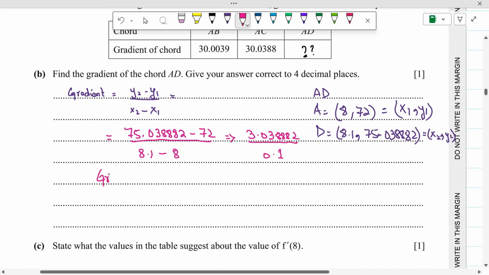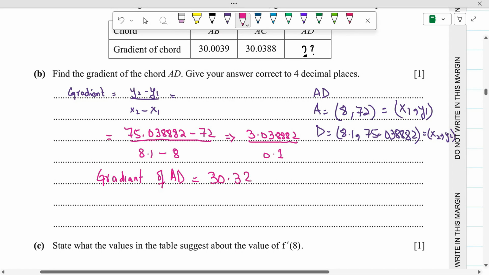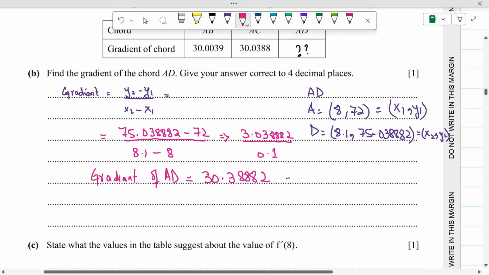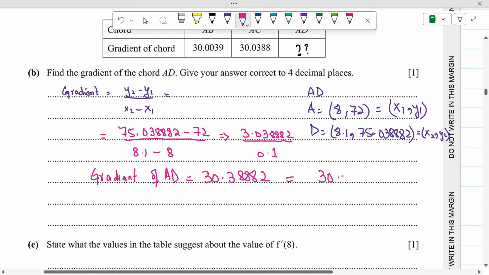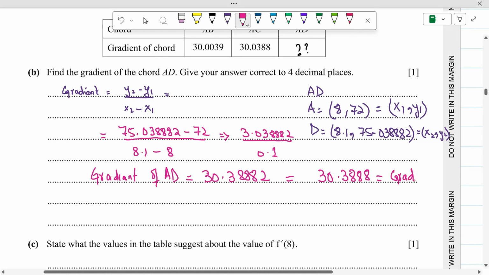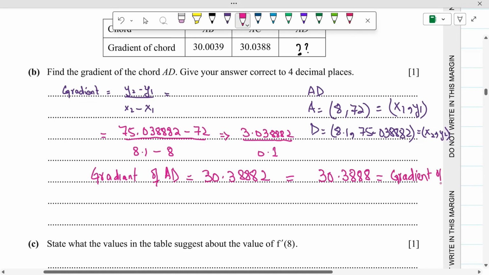So the gradient of AD equals 30.3882. We need to find it up to 4 decimal places, so this equals 30.3888, and this is the gradient of AD.